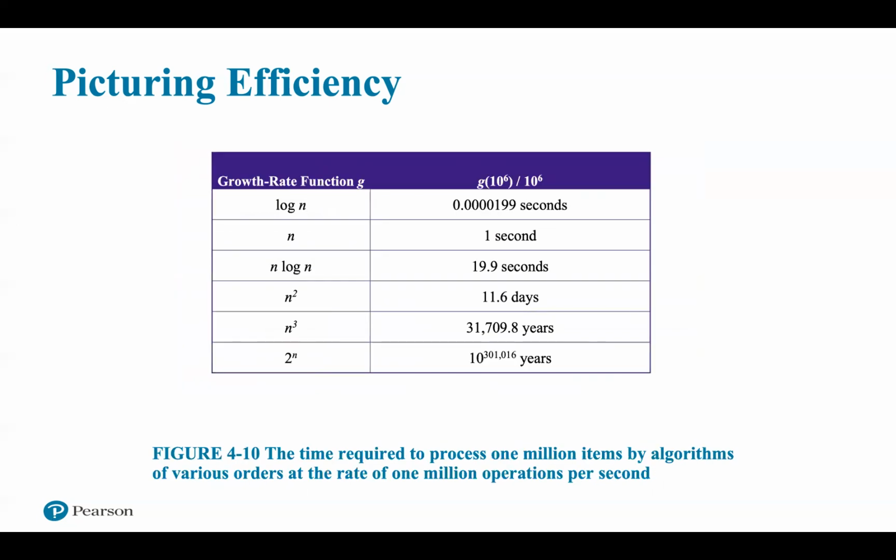And just to follow on, here's the time required to process 1 million items by algorithms of various orders at the rate of 1 million operations per second. You can see how some of these things are small and some of them are incredibly large. These numbers are just unfathomable. So you can see how it can make a big difference.